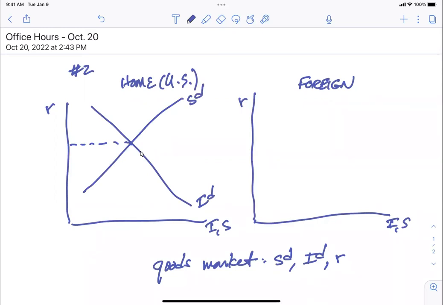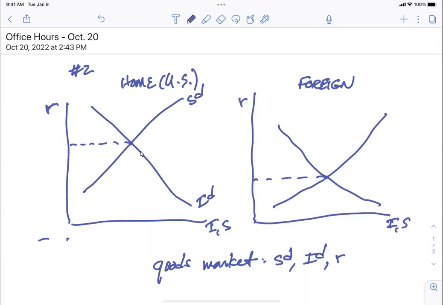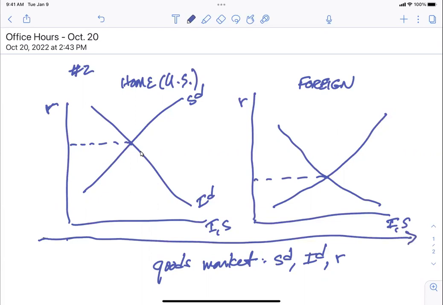I'm going to draw over in the foreign so that the lines cross there at a lower interest rate. The real interest rate is on the vertical axis, so we can work our way across both graphs. We're going to ultimately do that.